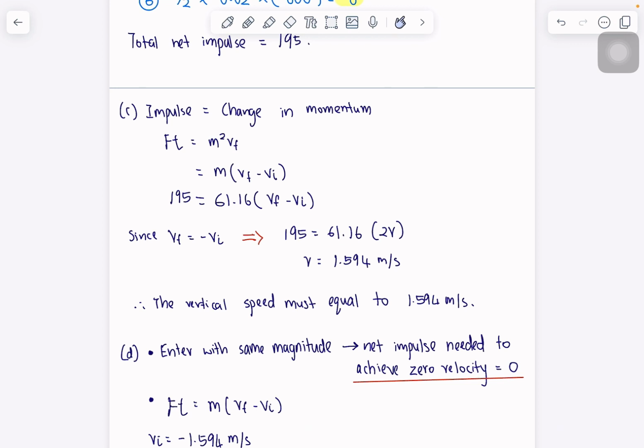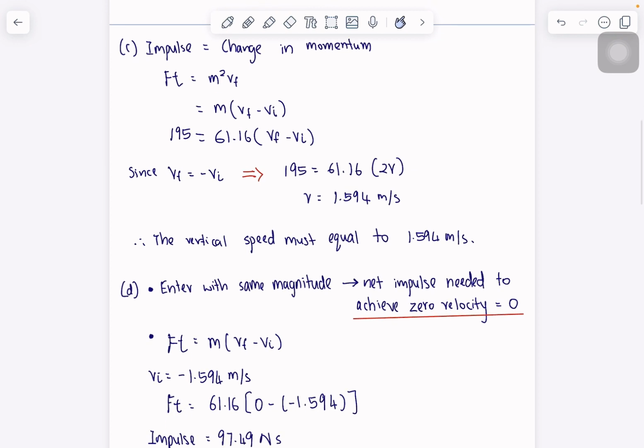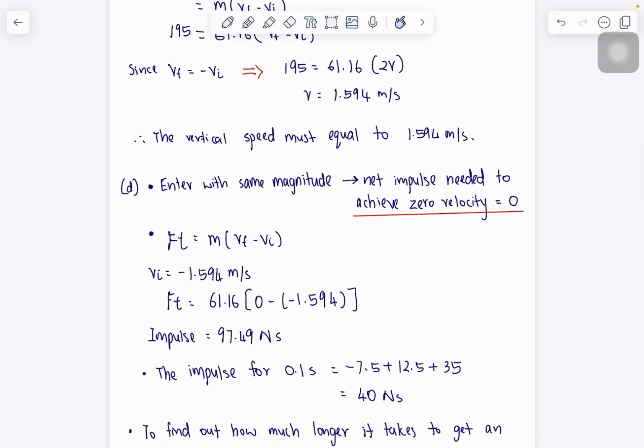In this case, Vf is equal to negative Vi. So we can calculate V, which equals 1.594 m/s. So the vertical speed must equal 1.594 m/s.